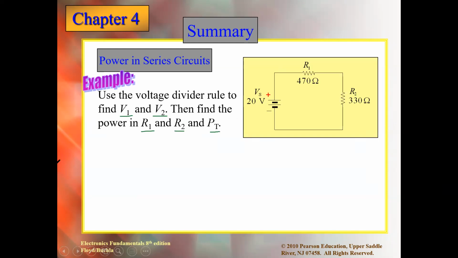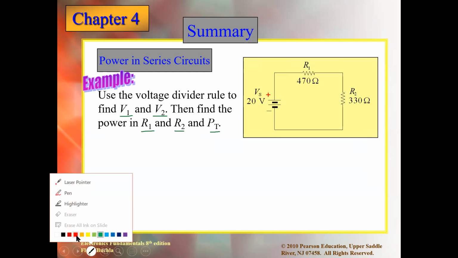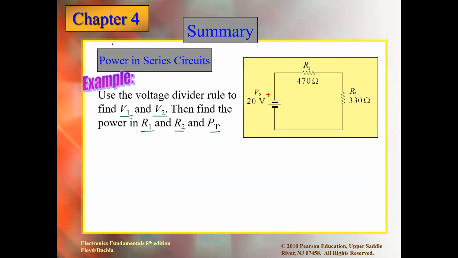So tell me now, how can we use the voltage divider rule to find V1 and V2? It's so simple. First you need to find V1. What is the formula for V1? V1 is equal to R1 over R1 plus R2 multiplied by Vs.